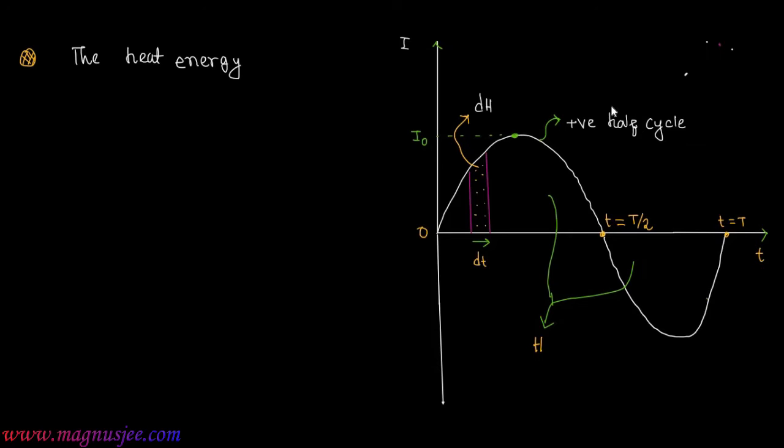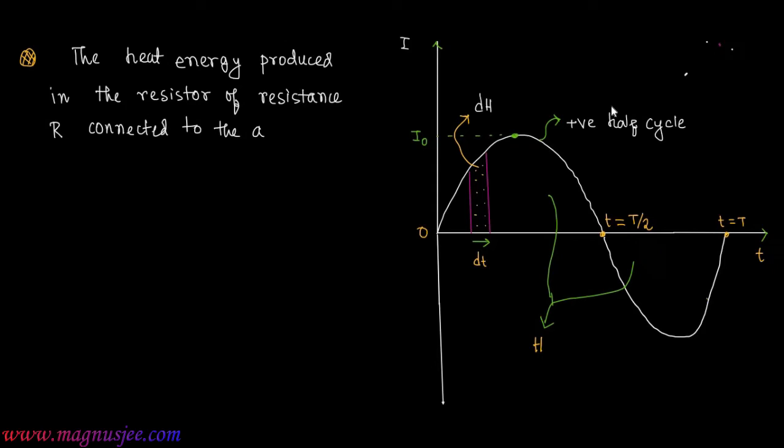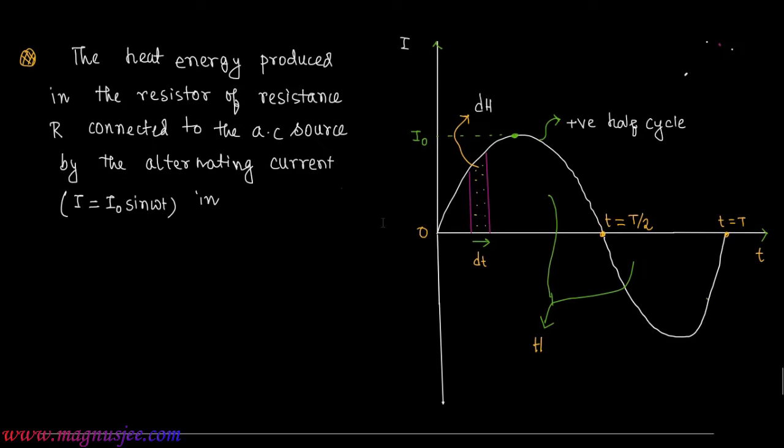Now the heat energy produced in the resistor of resistance R connected to the AC source by the alternating current I equal to I0 sine omega t in the same interval of time.